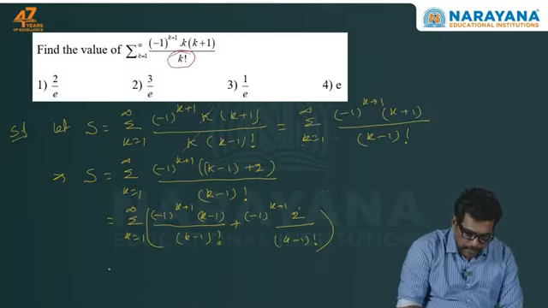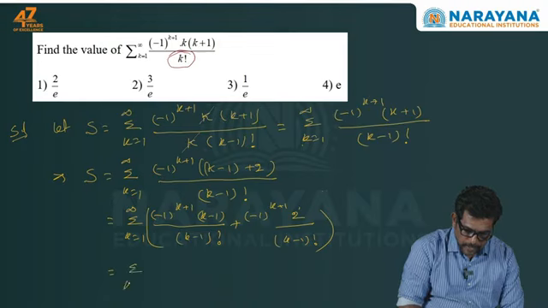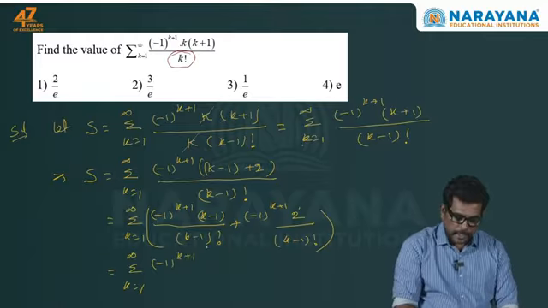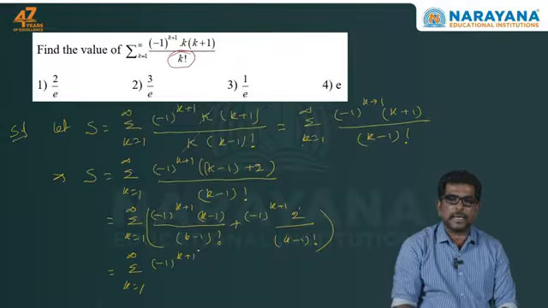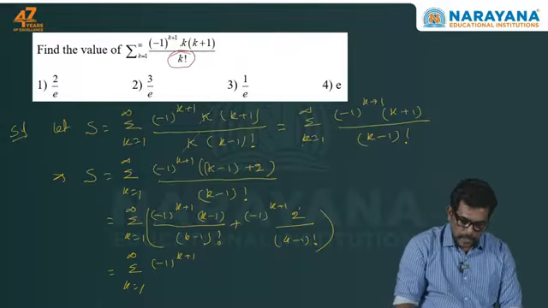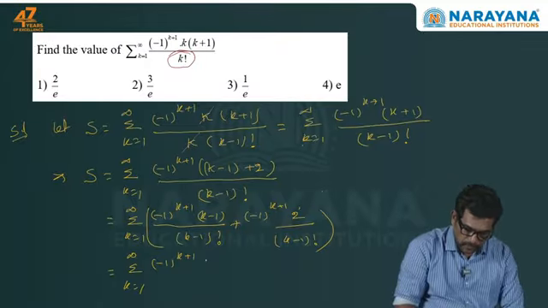Now separately I am writing: this one is equal to summation k equals 1 to infinity of (-1)^(k+1), where in the numerator is k-1 and in the denominator k-1 factorial. So this (k-1) factorial can be written as (k-1) into (k-2) factorial.